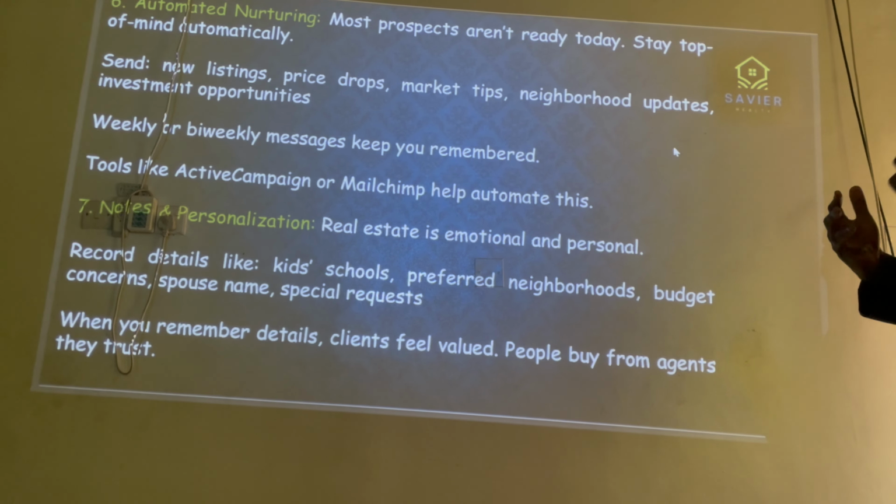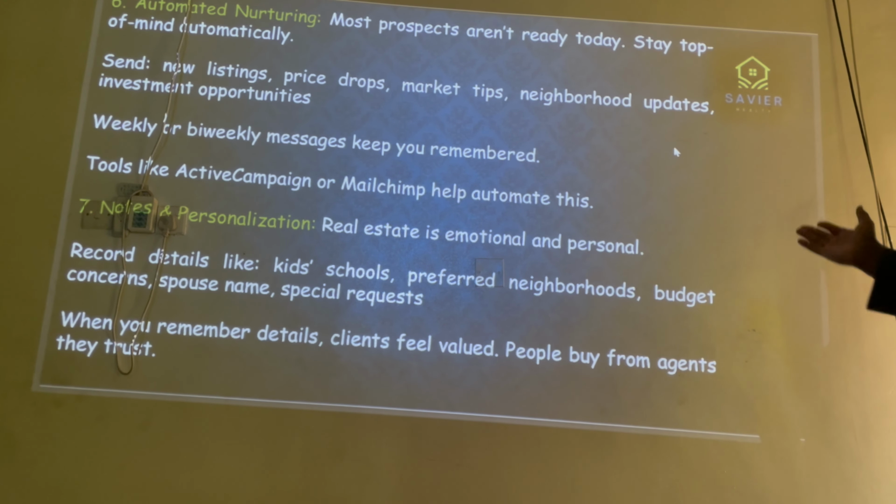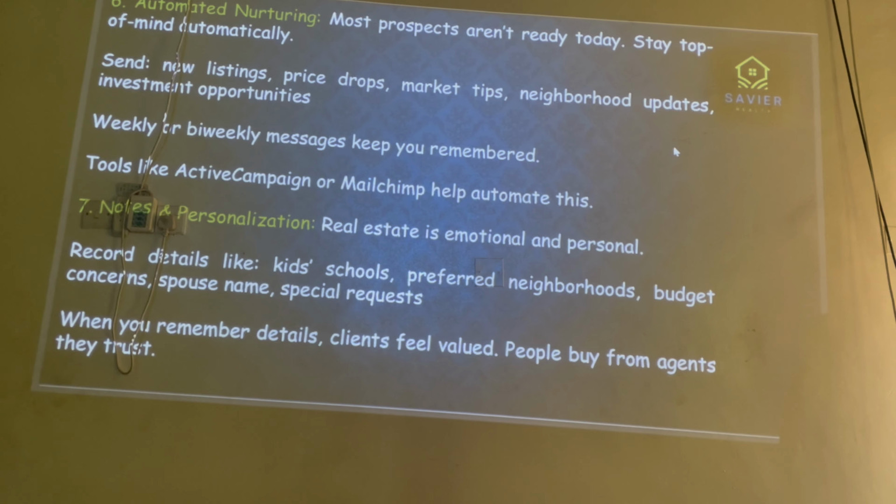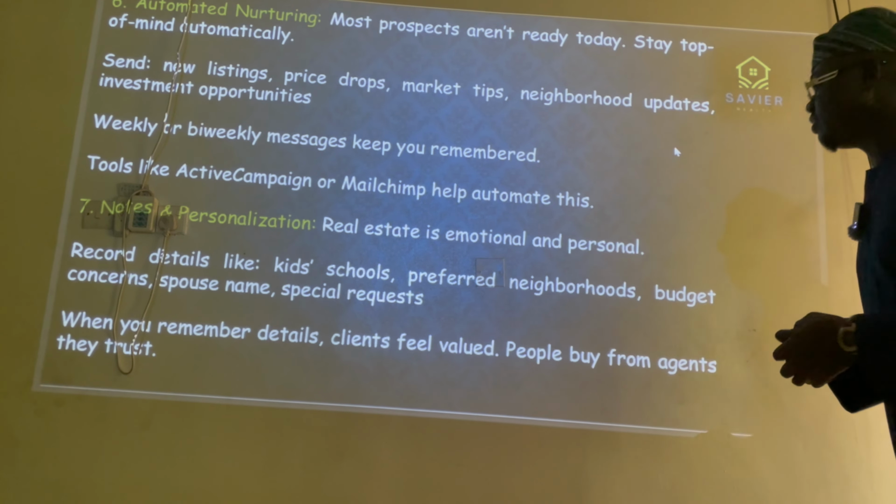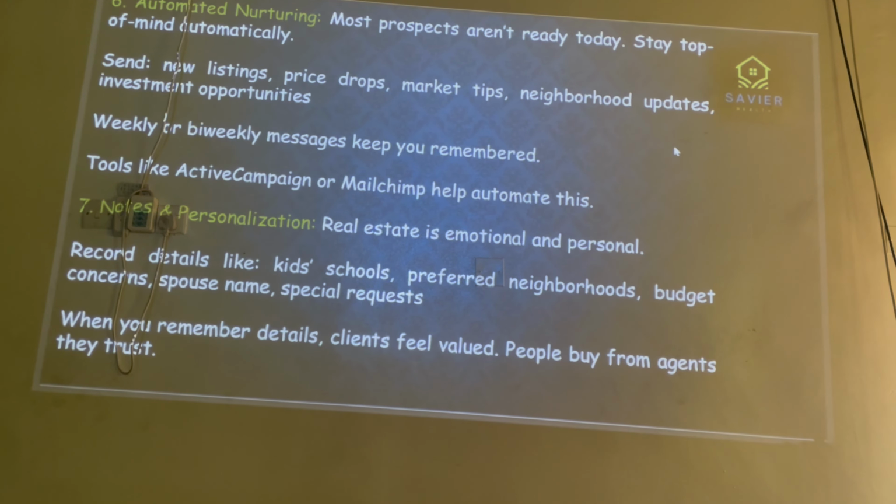So you need to personalize it. Record details like kids' school, preferred neighborhoods, budget concerns, spouse name, special requests. When you remember details, clients feel valued. People buy from agents they trust.